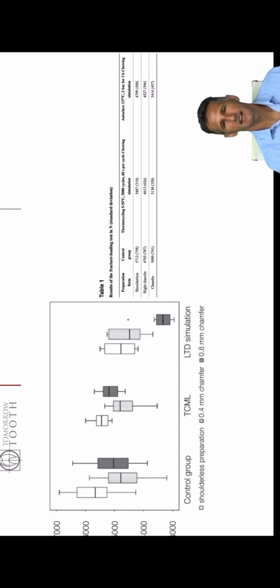In every in vitro situation, vertical crowns outperform crowns with chamfer. You can see the numbers at the top of the screen. Vertical crowns outperform the other kinds of crowns under occlusal load, despite having thin margins. This is quite counterintuitive.